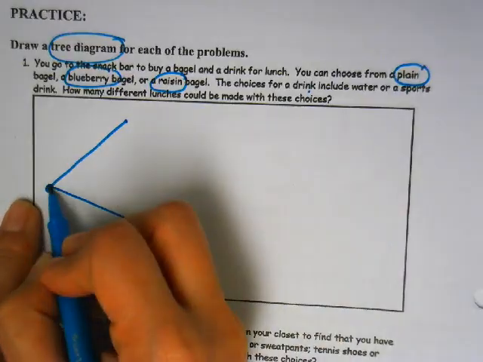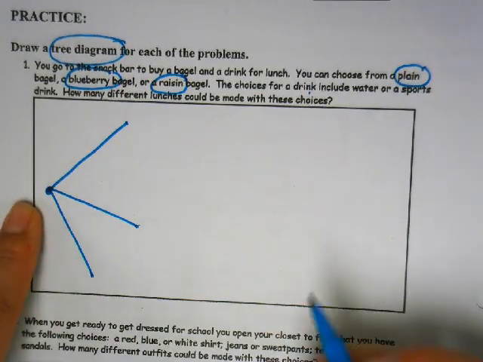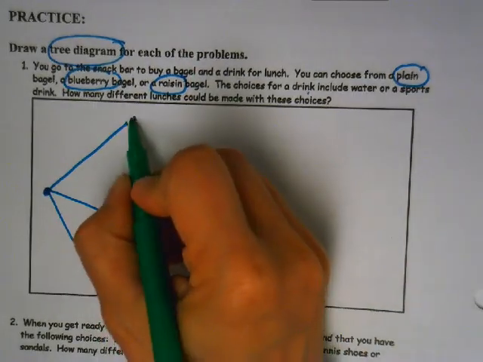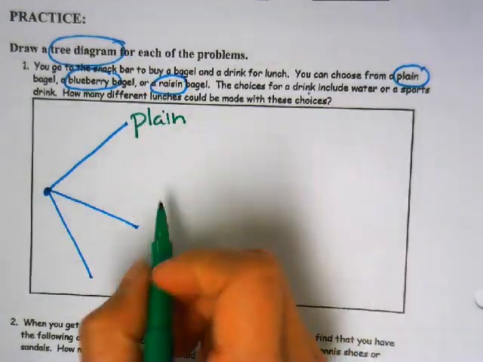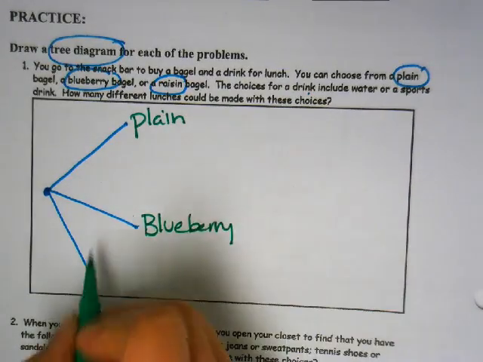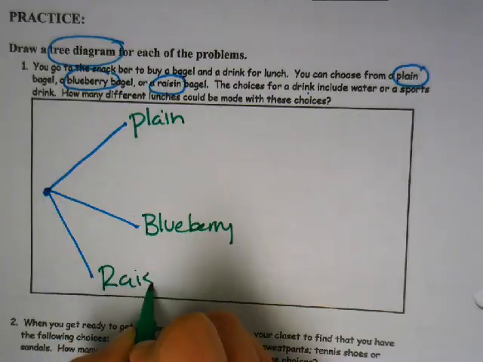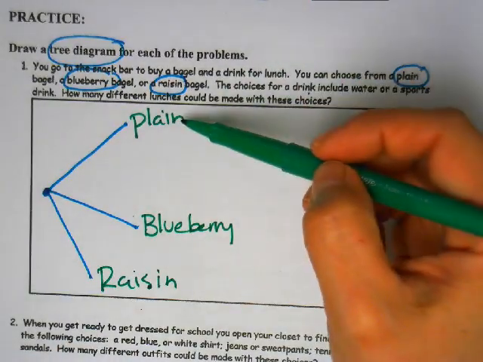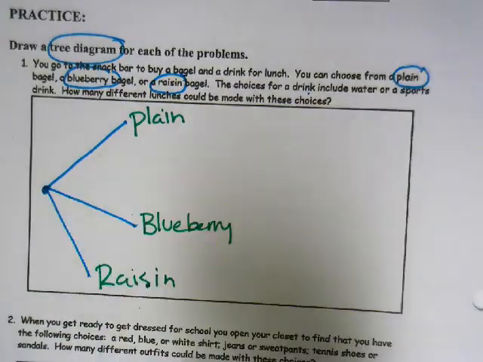What is each line going to represent, do you think? Each bagel. So what's my first choice? Plain. Second choice? Blueberry. Third choice? Raisin. These are my types of bagels.